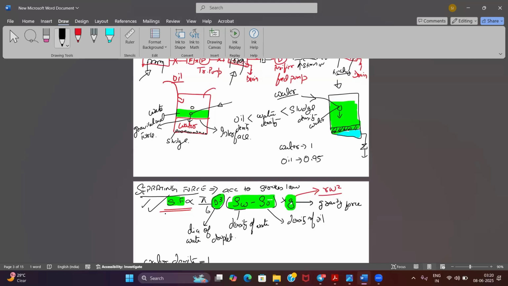Okay, so for the separating force, there's a formula for it, that is pi by 6 d squared, density of water minus density of oil, into gravitational force. That is what is happening in the case of gravitational separation. Okay, that is in your bunker tanks and your service tanks and your settling tanks. Okay, so this is the formula.